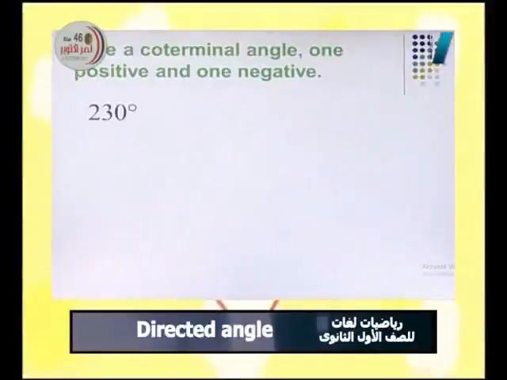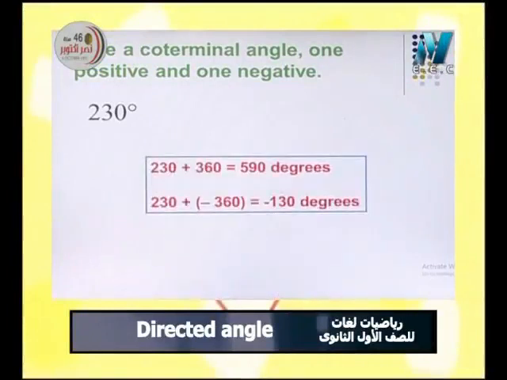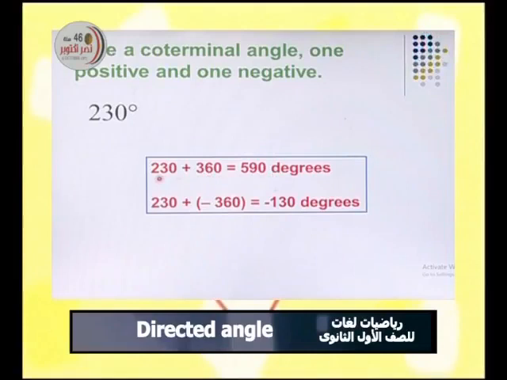Give coterminal angles, one positive and one negative, to 230. If we add 230 and 360, we find the answer will be 590 degrees, because 360 means one complete round.